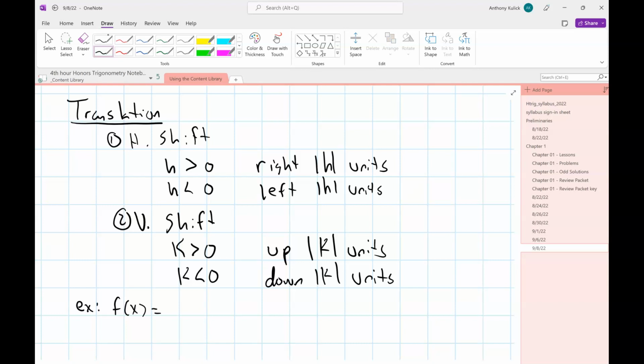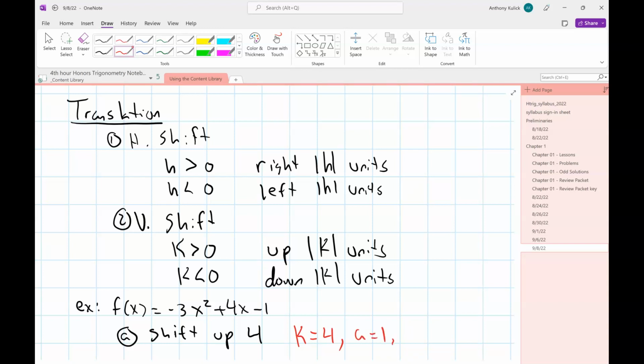So let's take our same f of x from before, and let's say we want to shift up 4 units. That tells me the K is what's changing because we're talking about up and down, so the K should be 4.